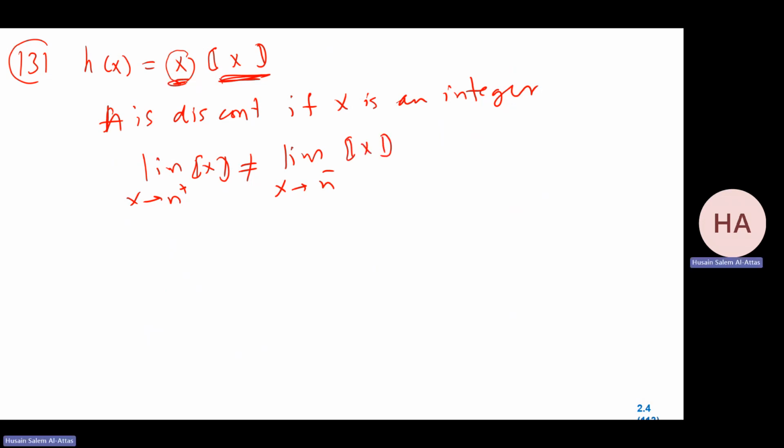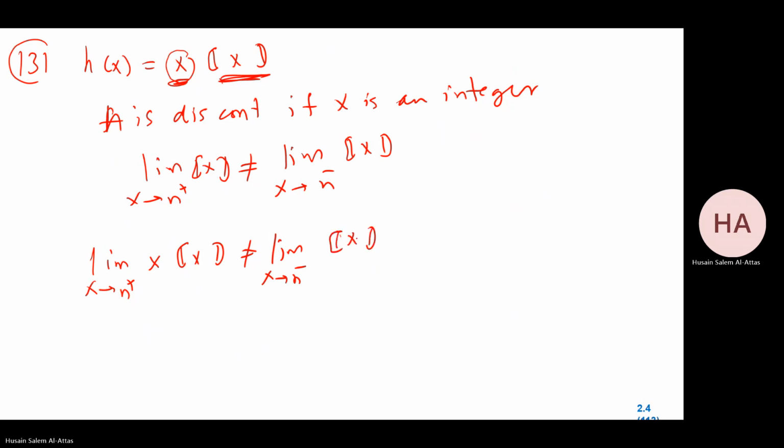However, when you multiply it by x, if that x is 0, it will kill these things, because 0 times a number will be 0. So for the greatest integer function, the right and left limits are different, but if you multiply by 0, I have 0 equals 0.